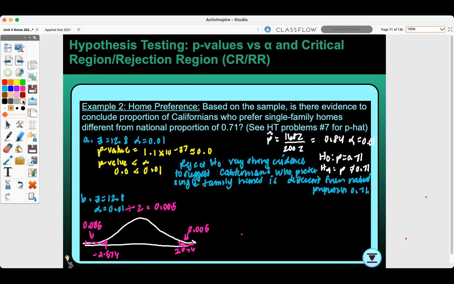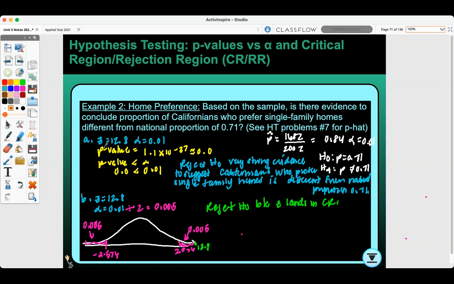From here, we know that our z is 12.8. So our z of 12.8 is way over here, and we reject the null hypothesis because this test statistic lands in the rejection region of H0.